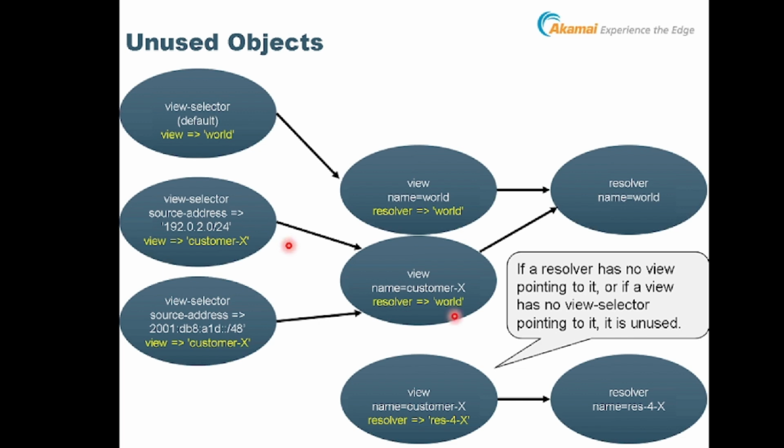Now, as we saw before, if I remove the view selector and have some view and resolver that are unattached, they don't do anything, in the sense that they don't do anything with traffic that the CACHESERVE process receives, because there's no way for that traffic from any of the interfaces to get in here.